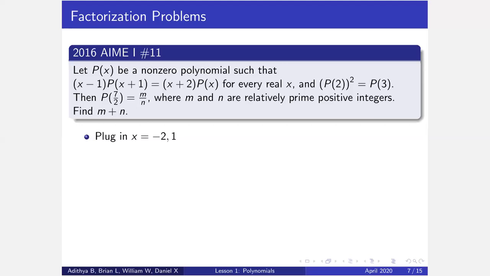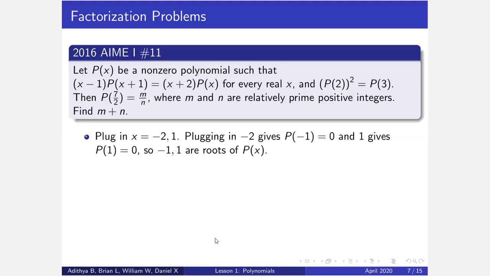Yeah, good. A lot of you guys are saying that -1 and 1 are both roots of p, essentially, right? So now this is pretty useful information, because given this, you can plug in more values of x that give you more roots of p, right?